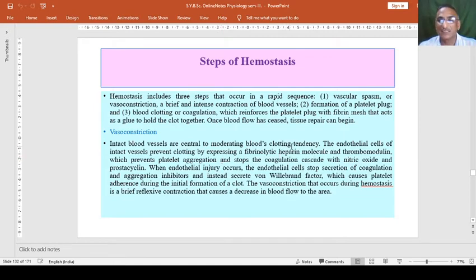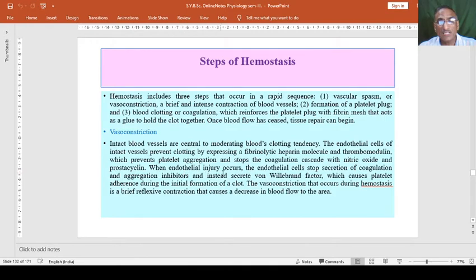Heparin is an anticoagulant material, and thrombomodulin prevents platelet aggregation and stops the coagulation cascade, along with nitric oxide and prostacyclin. So these are the chemicals that can stop the coagulation.